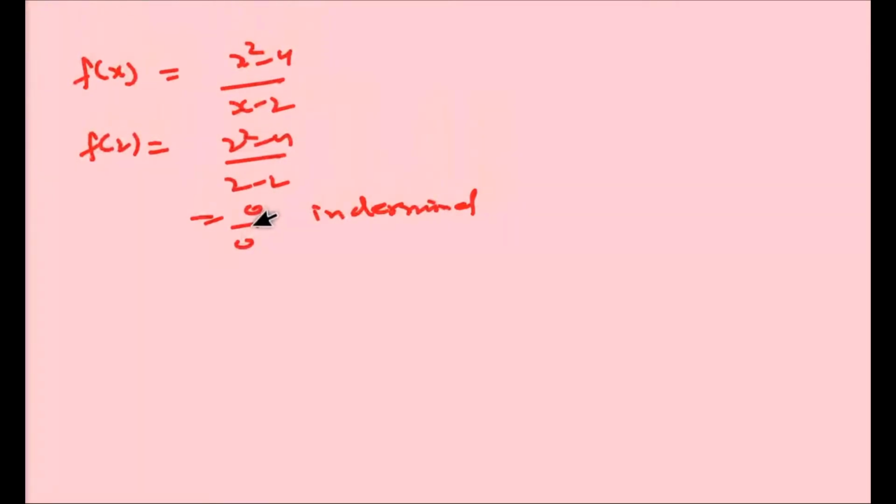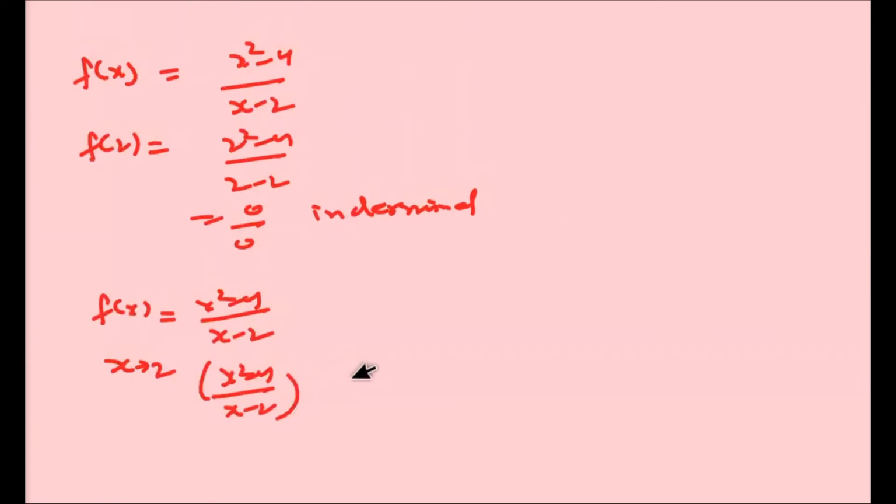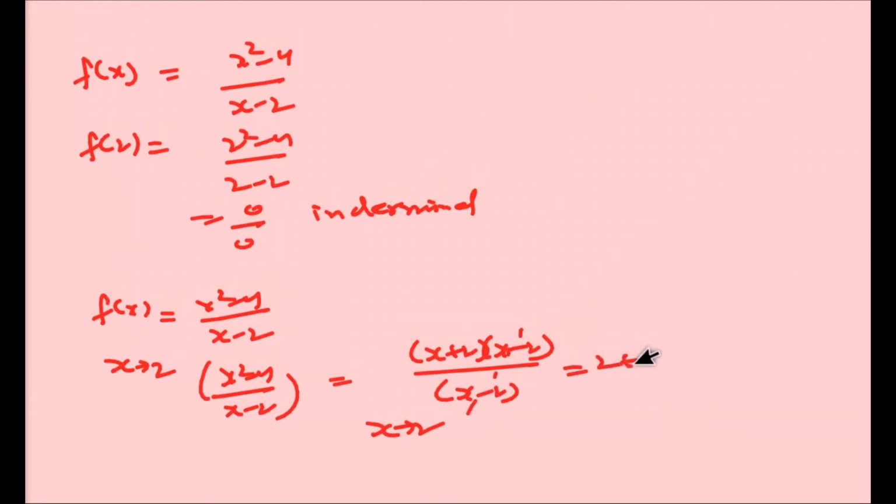Now if you want to find the limit, x tends towards 2, for this function, we use the factor formula: x plus 2 times x minus 2 upon x minus 2, x tends to 2, cancel out. Now putting this value, you can find the limit.